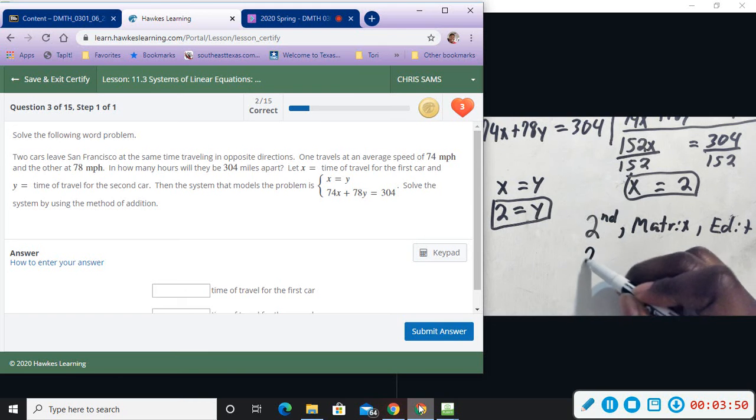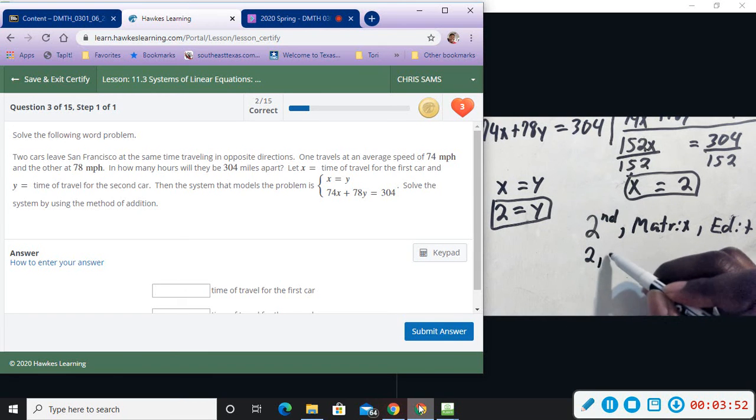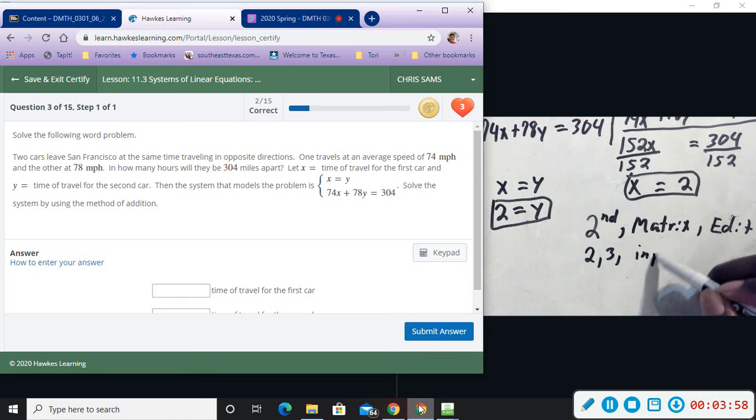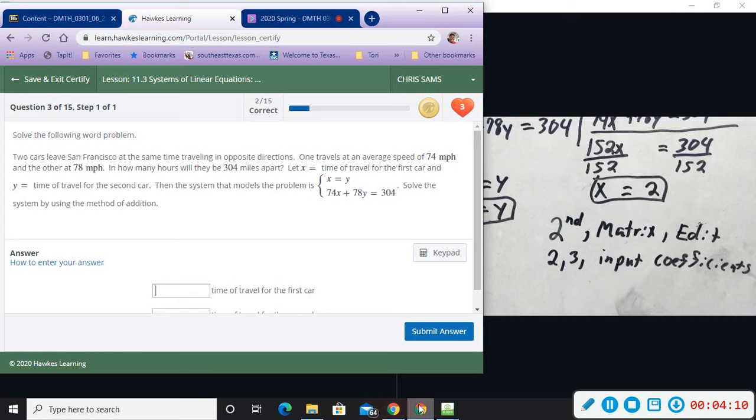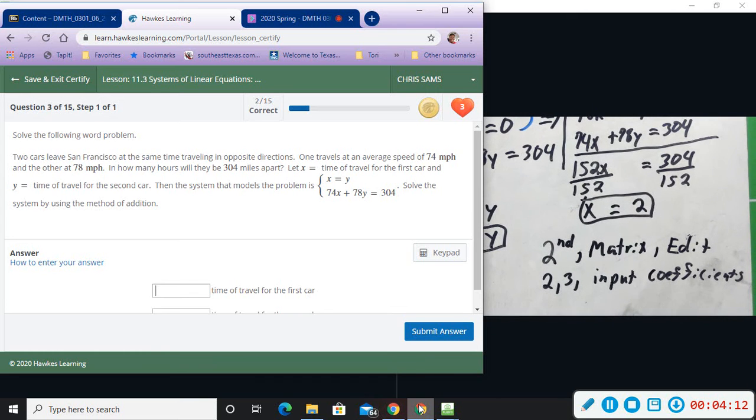You're going to do 2, enter, and then 3, enter, and then you're going to input coefficients. Running out of space, can't get it all up there.